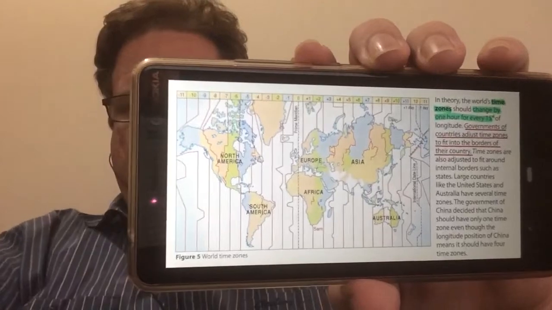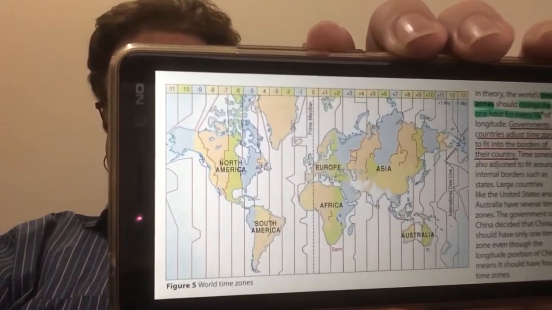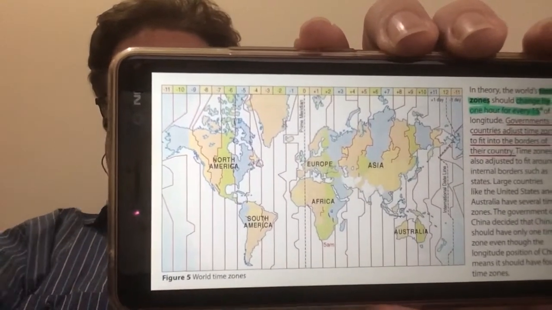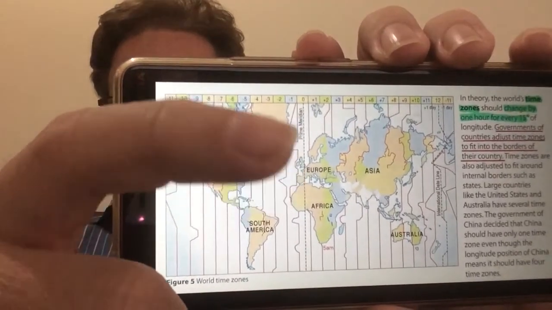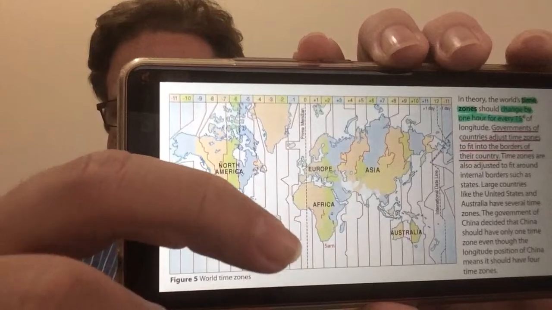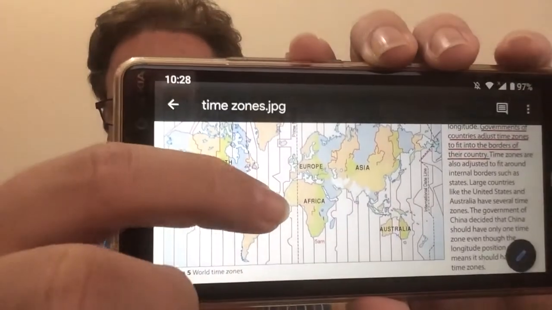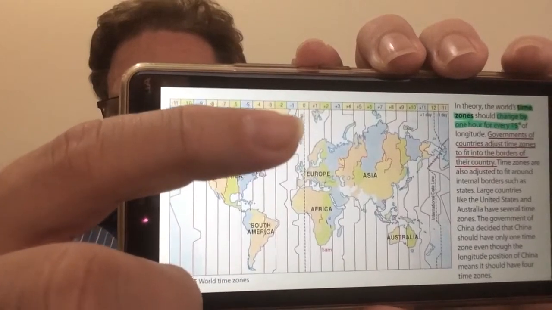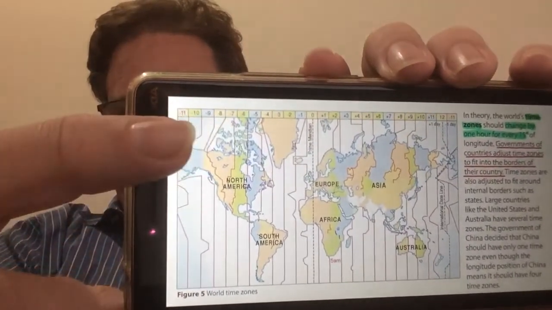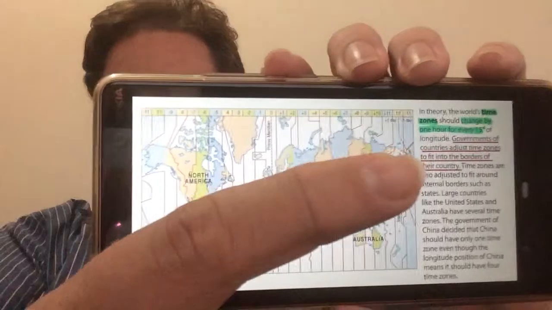It divides up the different time zones. So you can see that the time zone that passes through Greenwich is given a 0, and then the other countries of the world will either be Greenwich Meridian Time minus so many hours or plus so many hours.